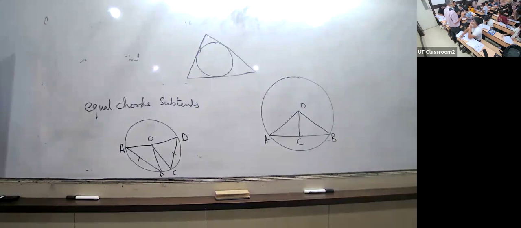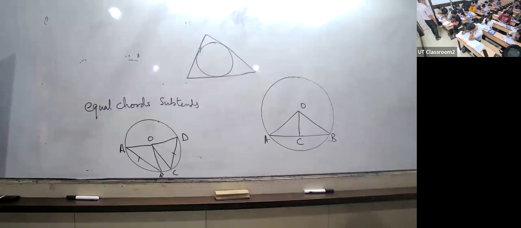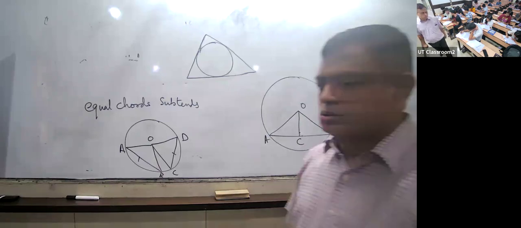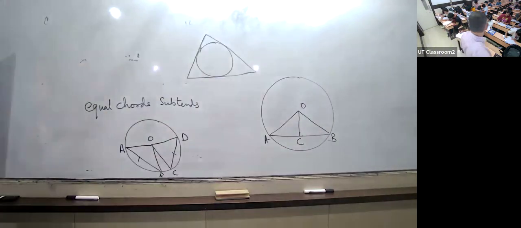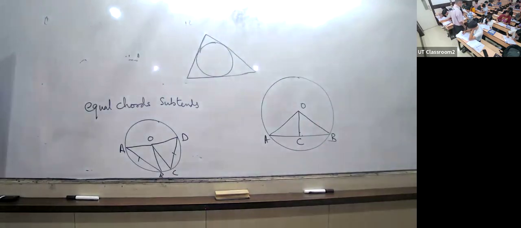Write down Theorem 5. There is one and only one circle passing through three non-collinear points.